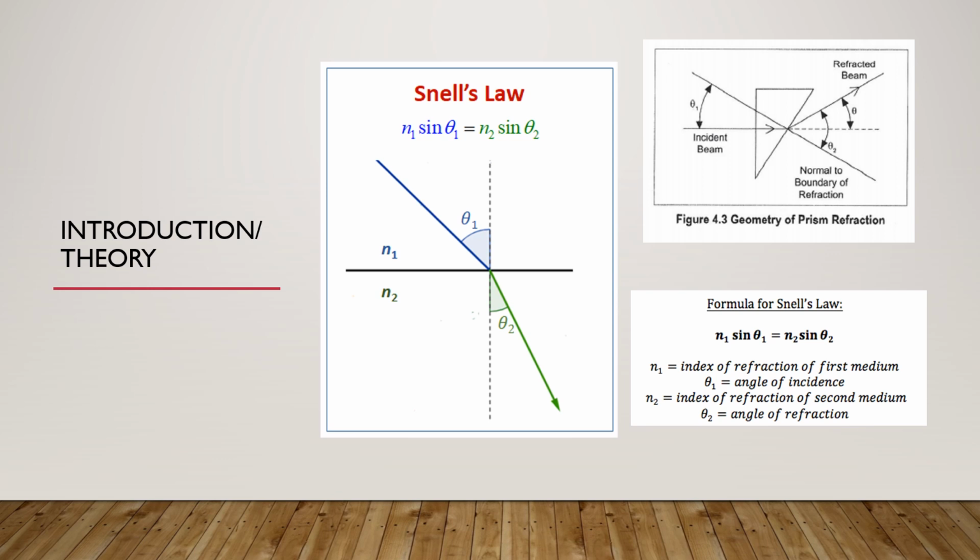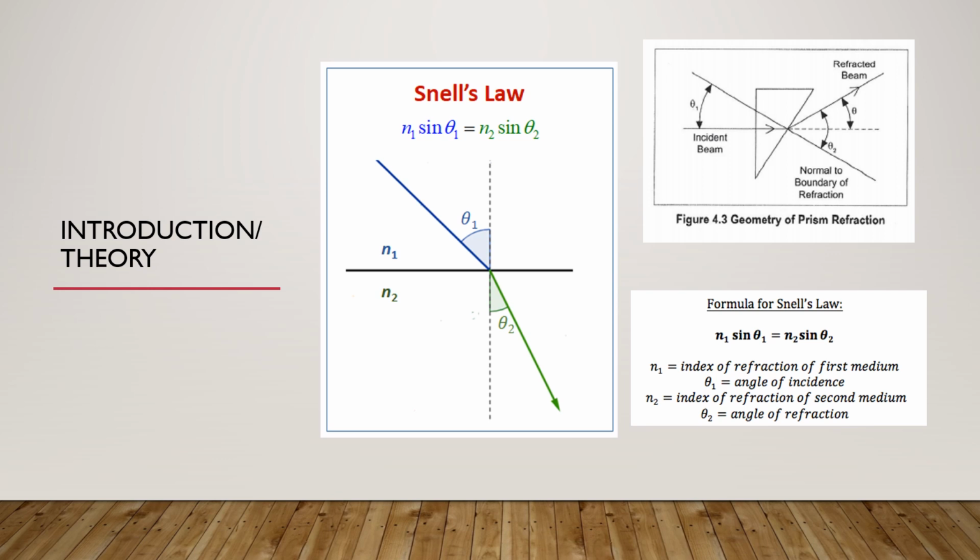So this follows the law of refraction, which is Snell's law: n1 sine theta 1 equals n2 sine theta 2, where n1 and n2 are the refractive indices, and theta 1 and theta 2 are the angle of incidence and angle of refraction respectively.